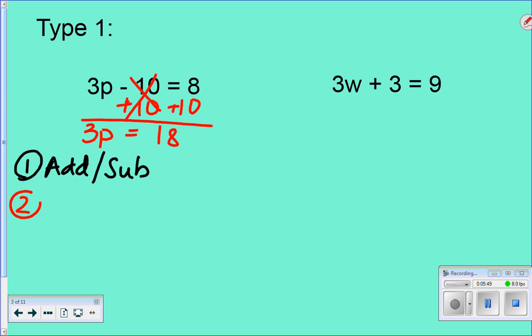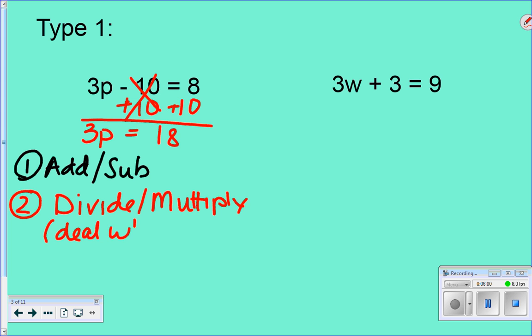My second step would be either divide or multiply. And this is where I deal with my variable. So then I'm going to divide by 3. I'm going to divide by 3. Guess what p is? 6.